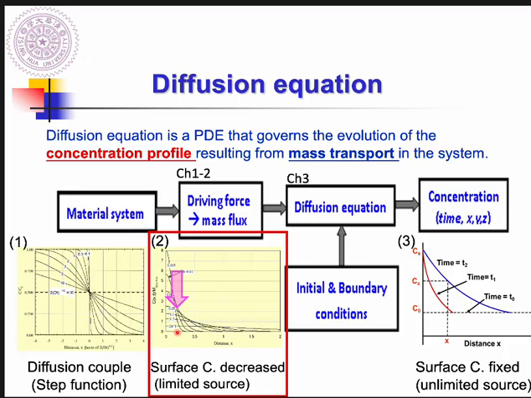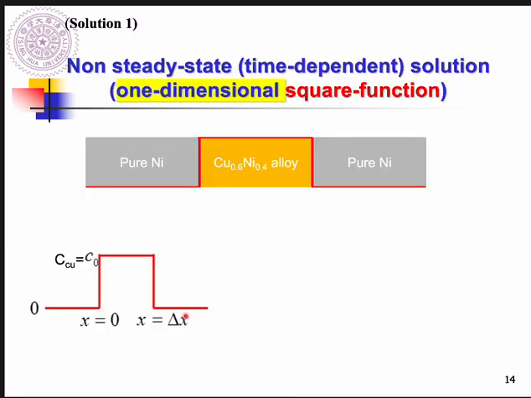We call it the one-dimensional diffusion case. In order to interpret how this concentration profile changes, we use this as an example. This case will be the non-steady state solution and belongs to the one-dimensional square function.